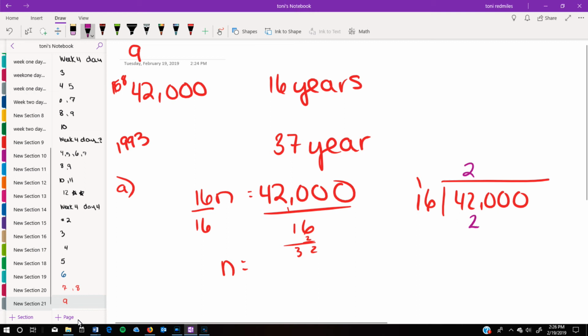And that's going to give me a remainder, drop down the 0. 16 can go into that about 5 times.